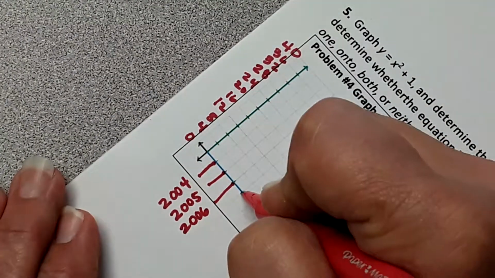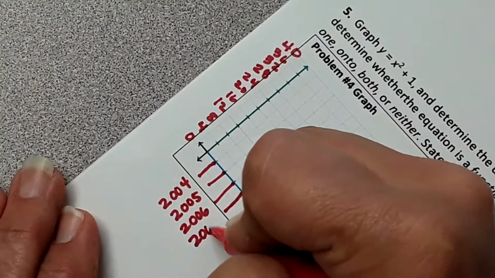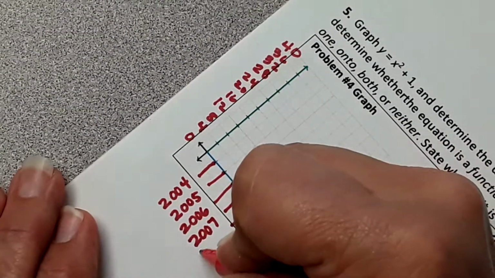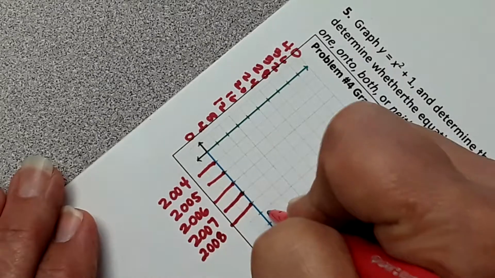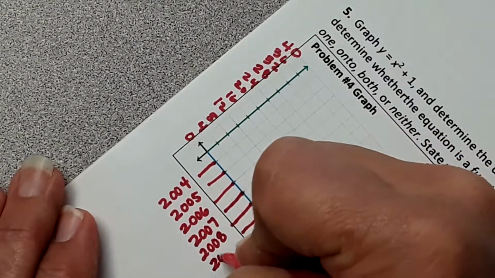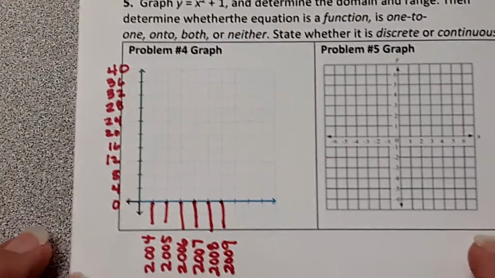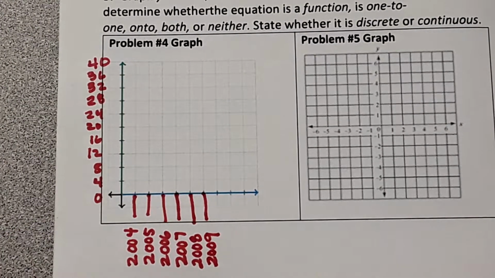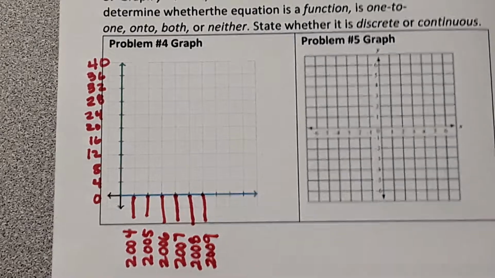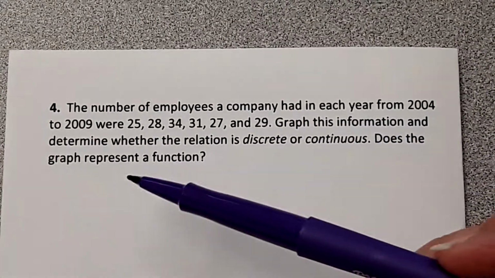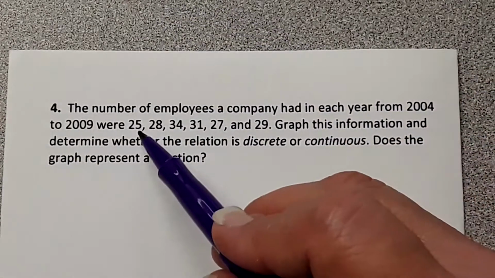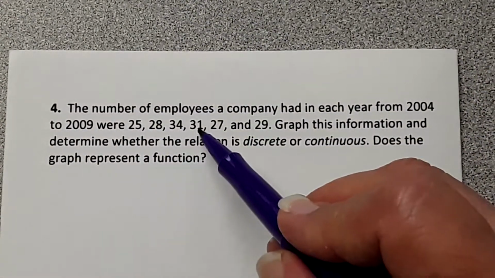You guys, you don't have to put those lines, but I'm trying to make it neat for you because the first time I did it, I'll be honest, it looked horrible, and that is why I'm doing it again. So now what we're going to do is graph the points. Okay, so you guys, anytime they write it as 2004, 2009, this is 2004, 5, 6, 7, 8, 9.